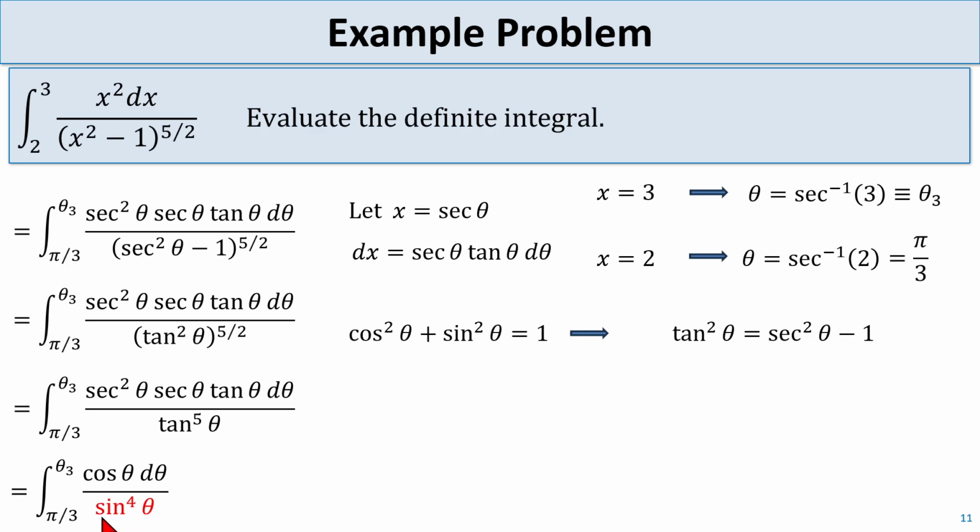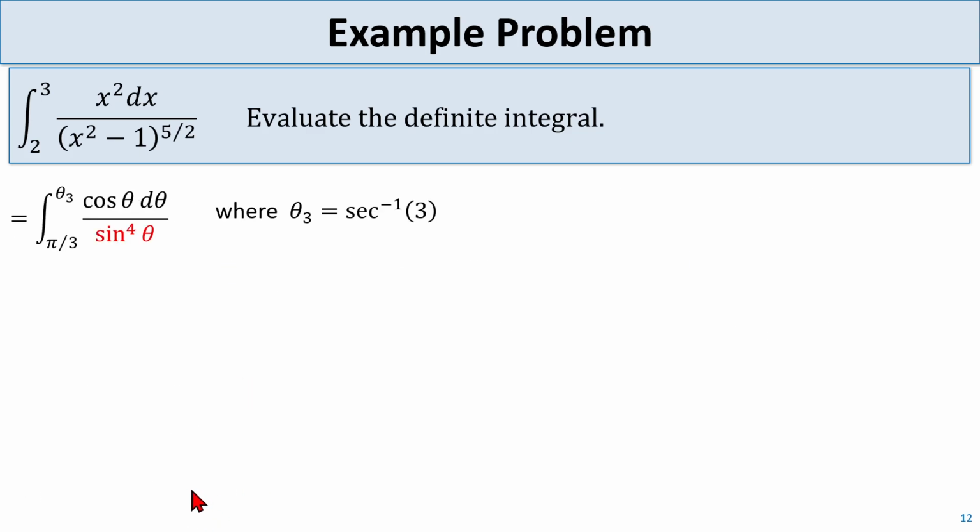So I'm going to do that. I'm going to let u be sine of theta. We're going to need more space, so let's move this back up to the top. We're going to now let u equal sine of theta. Then we need to figure out what du is. But in this case, it's just cosine of theta times d theta. In other words, it's the entire numerator of this expression.